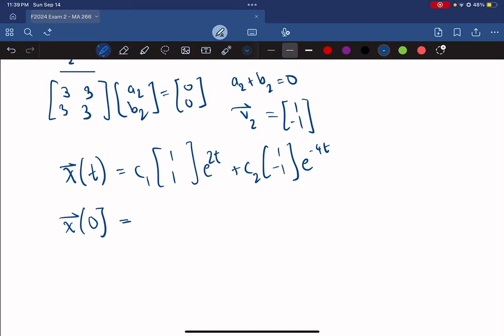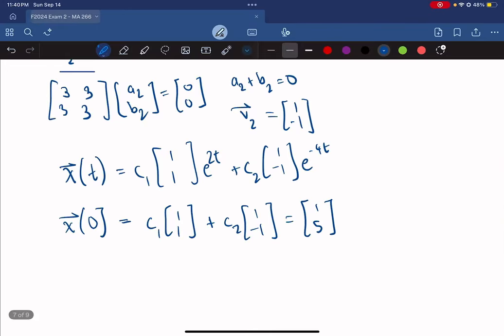And here, e to the 0 is just going to be 1. So all you're left with is c1, 1, 1. Same thing here. And that equals 1, 5, like it's given to us. And now it's just a system of equations.